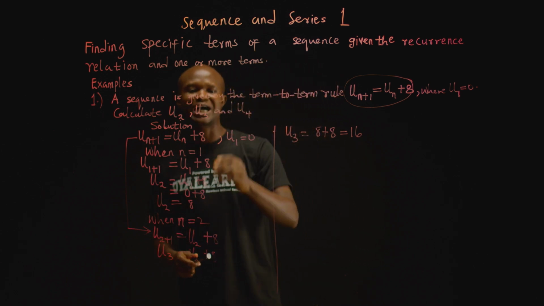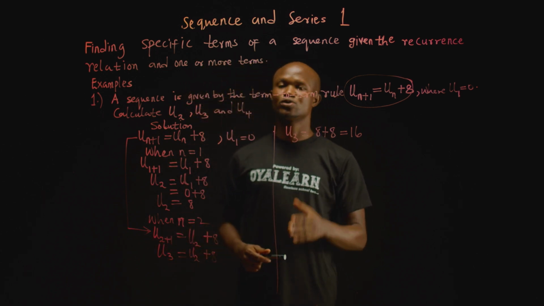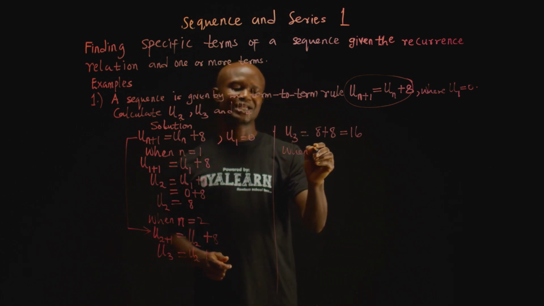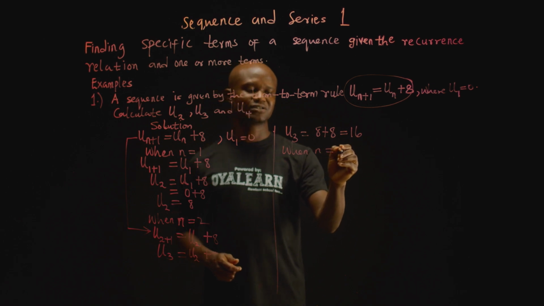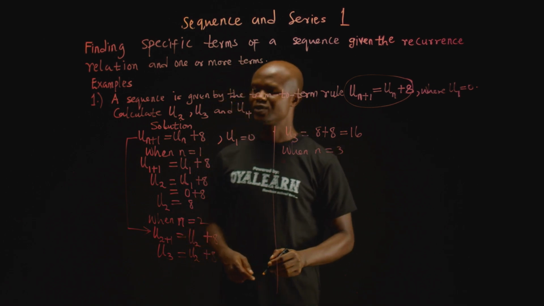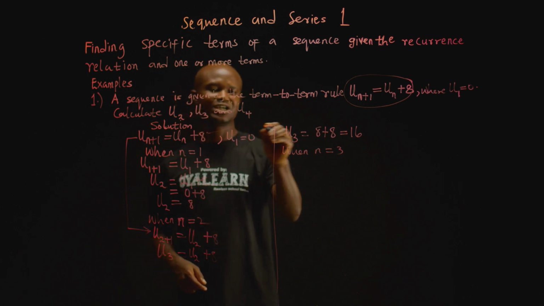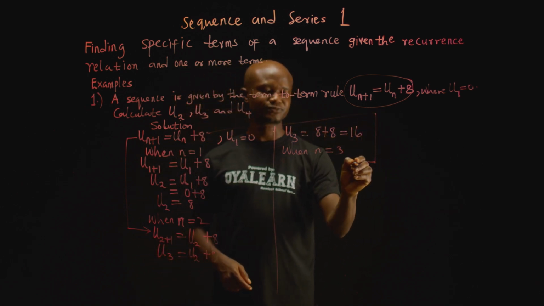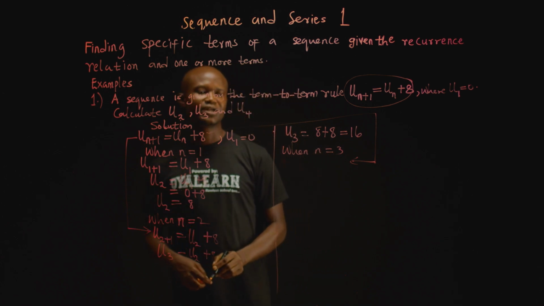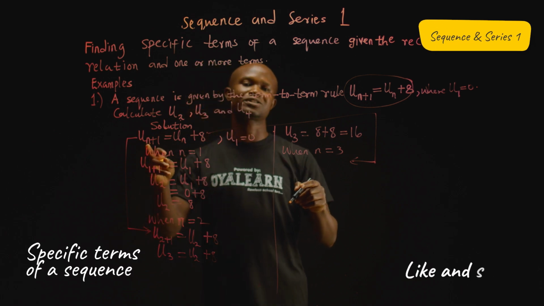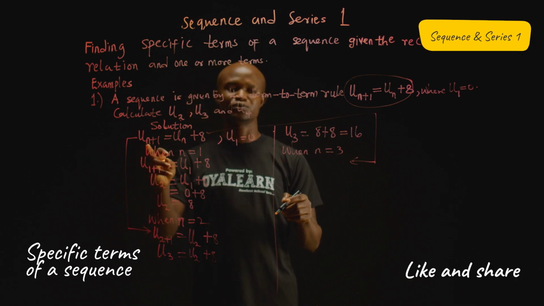Now we need to find U4 also. To get the value of U4, we are going to use when n equals 3. So we still have to go back to the recurrence relation. From the recurrence relation, anywhere we see n, we put 3.